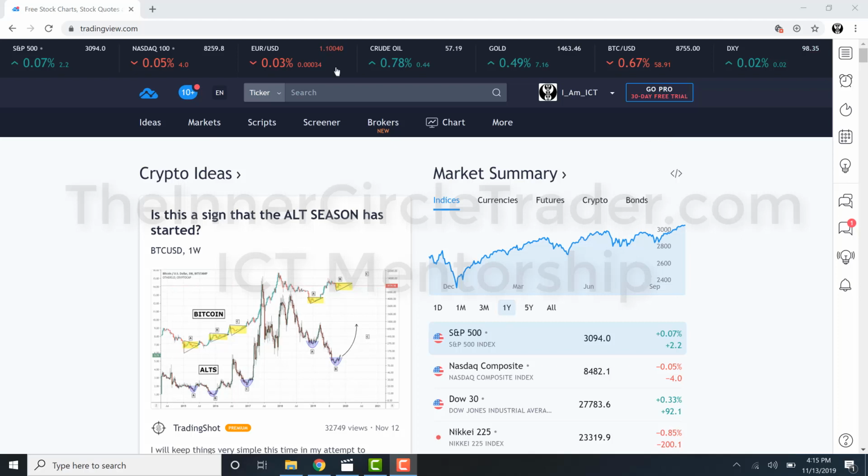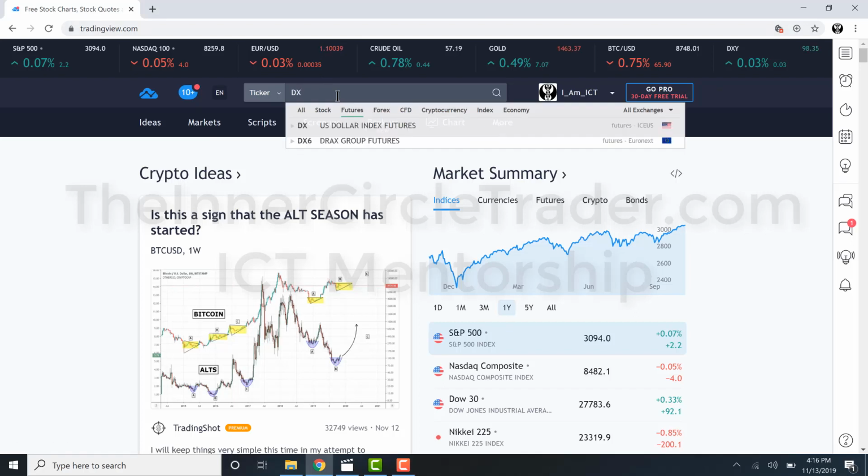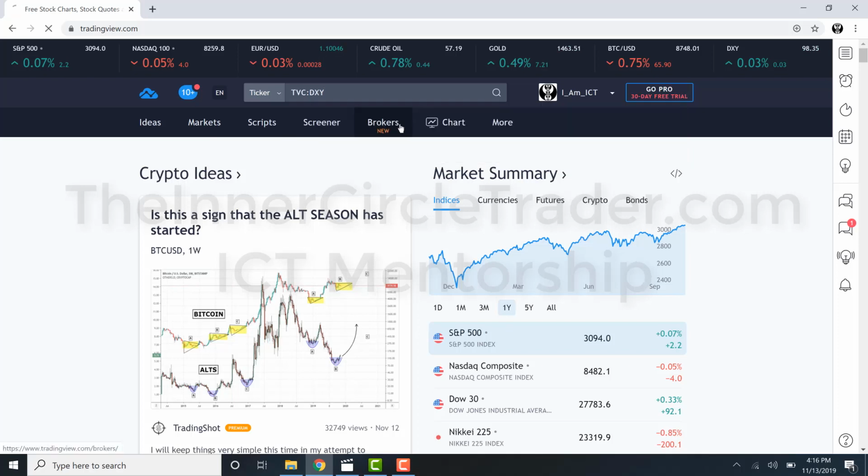Once you open up the website, to get to the dollar index, you're going to go to the ticker field here and type in DXY. It may not pop up because it defaults to futures. Click on all. You're going to see two choices here. The top one is what you're going to use, because if you use this one here, it's just going to give you the end of day update. And this one here, the CFD hyphen TVX, you're going to click on that one.